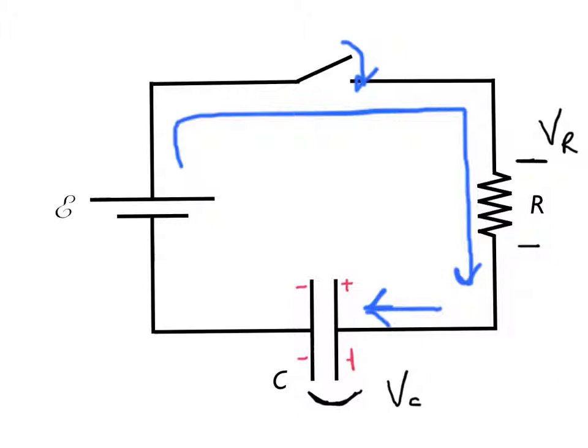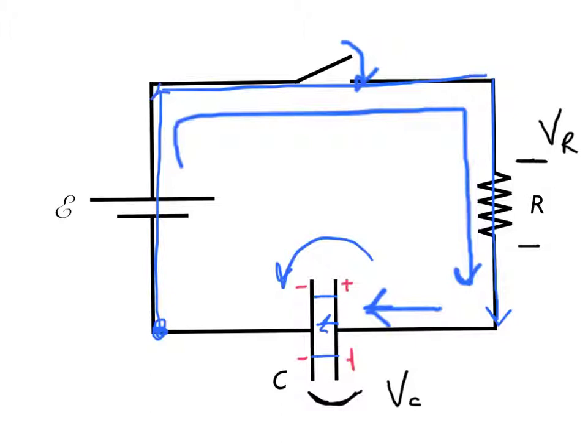If some charge starts here, it goes up in potential by going through the battery. There's no change as it goes through this wire. There's a drop in potential as work is done going through the resistor. And then from here to here, there's a change in potential because there's an E field building up inside of there. And when we get back to here, we'd better be getting back to the same place.